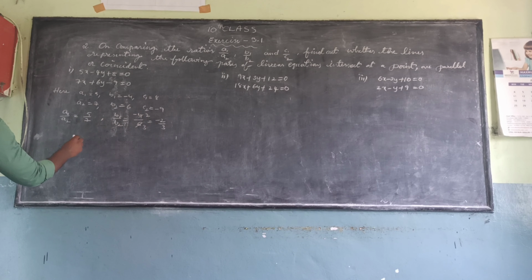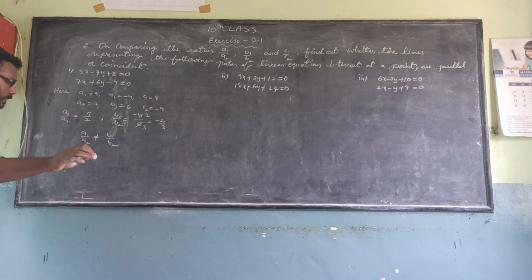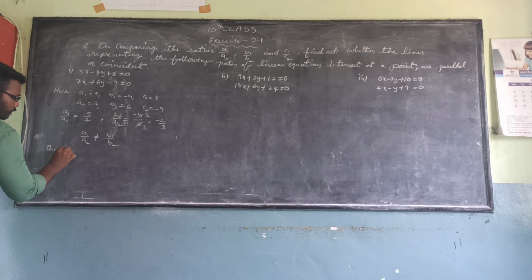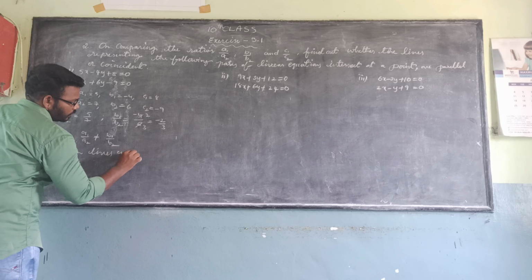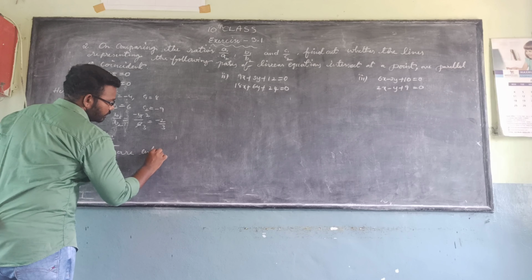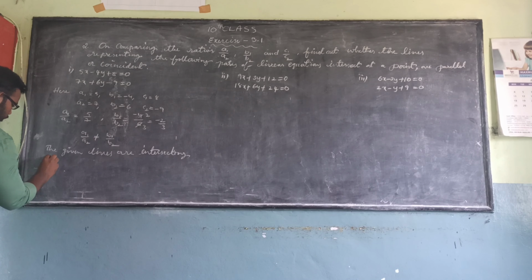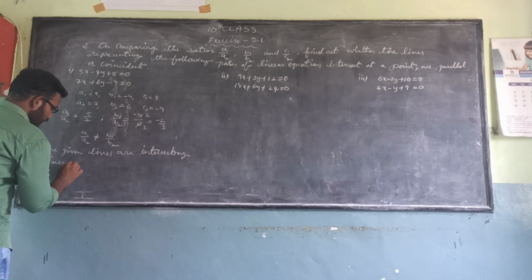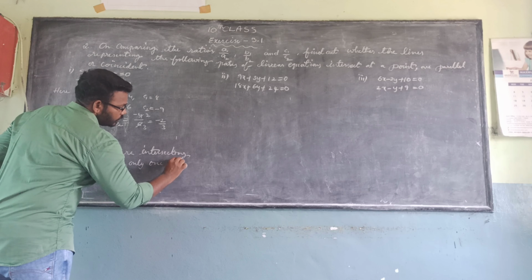So if you observe clearly, a1 by a2 is not equal to b1 by b2. So we can say that the given lines are intersecting lines, and they have only one solution.